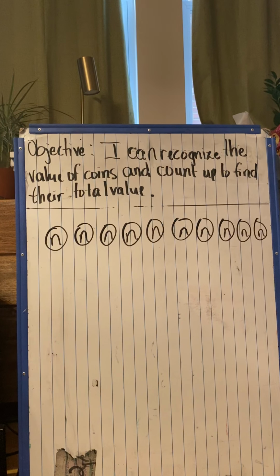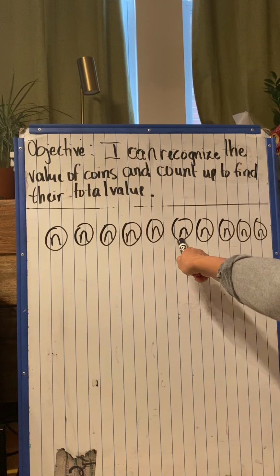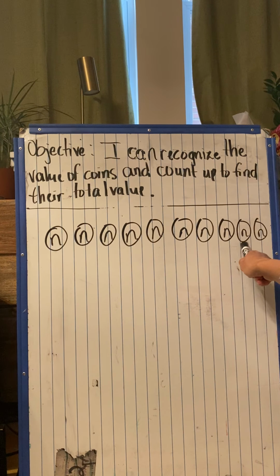So we're going to use these nickels to practice skip counting. 5, 10, 15, 20, 25, 30, 35, 40, 45, 50.